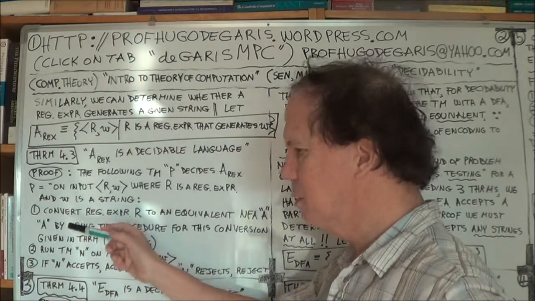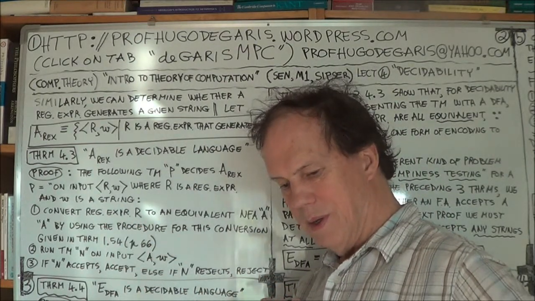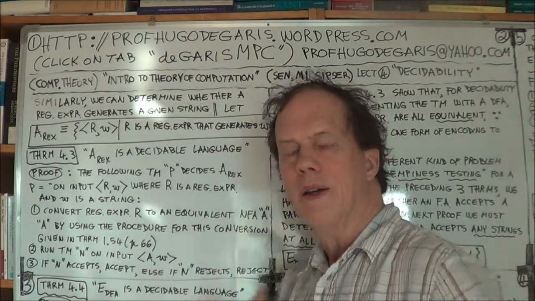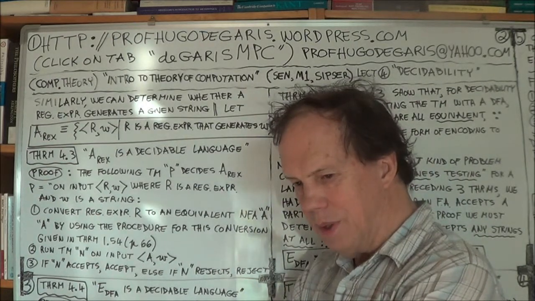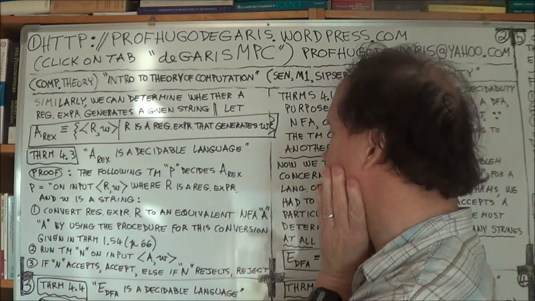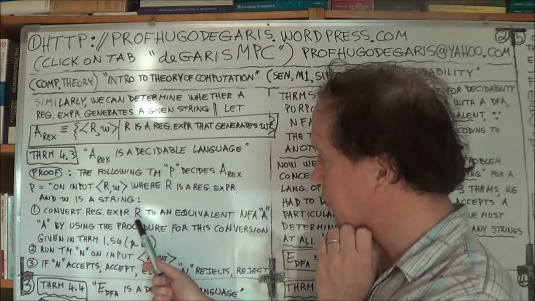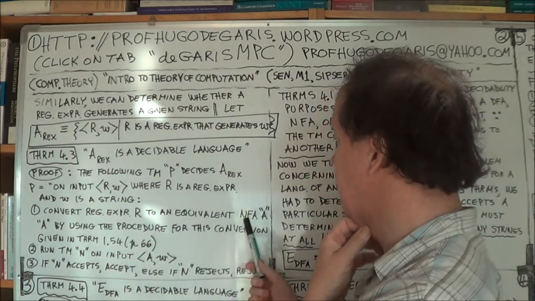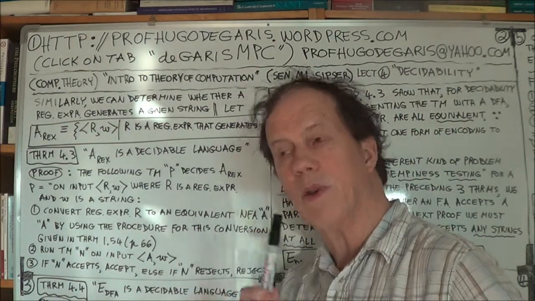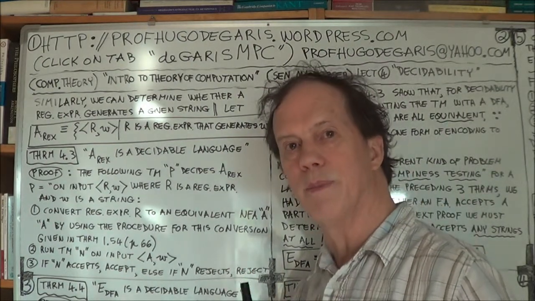Now, as usual, any proof typically will have at least one central idea, some core idea that is the heart of the proof. In this case, the basic idea is to convert your regular expression into an NFA, and by doing that, we can save ourselves some work, because we've already discussed NFAs on the previous board.